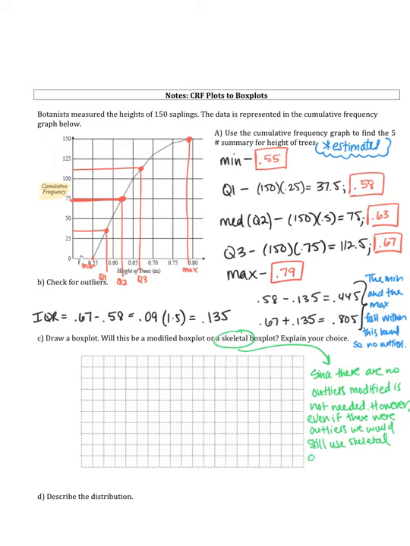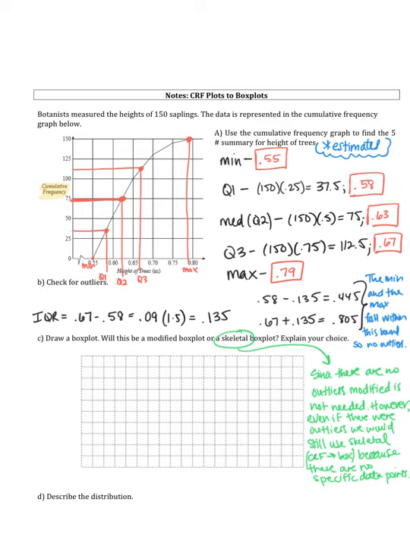And usually when we go cumulative relative frequency to a box plot, we're going to use skeletal, okay? Because there are no specific data points. Okay, but it is important that outliers are mentioned.